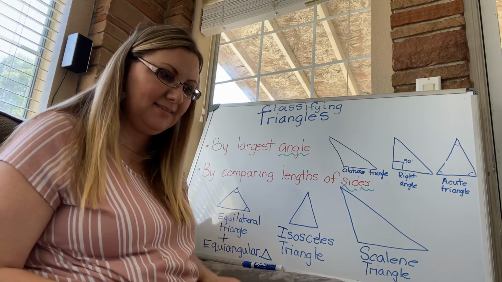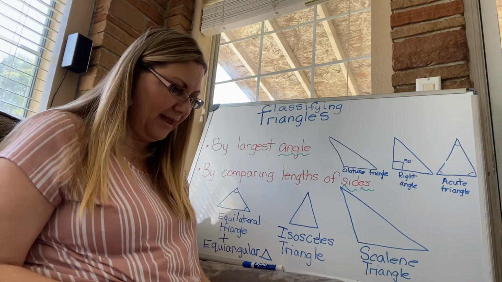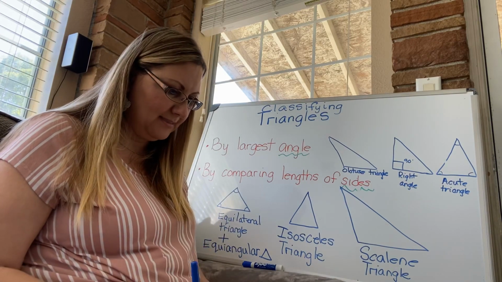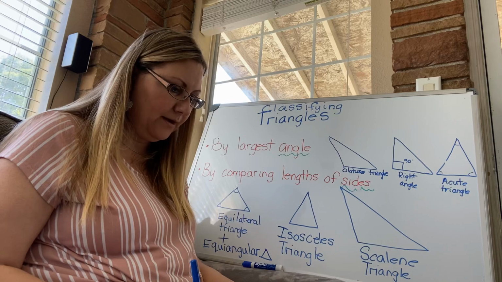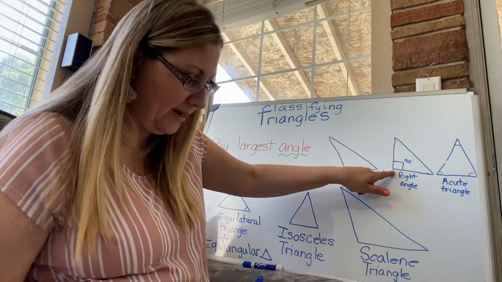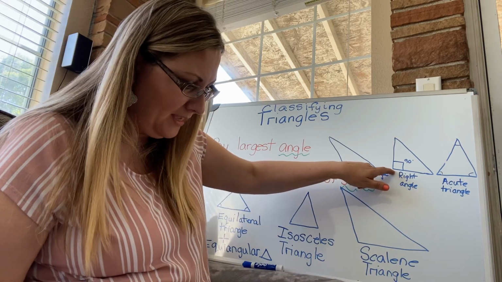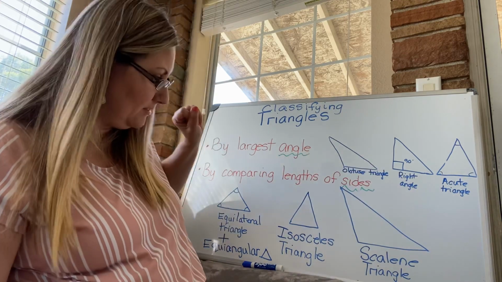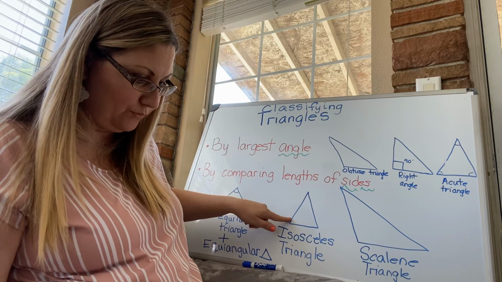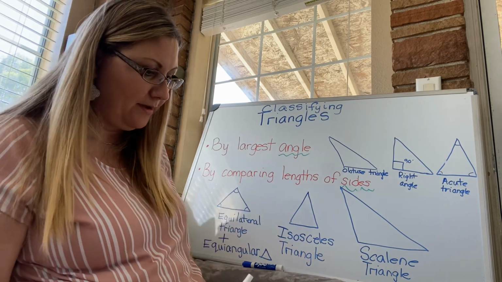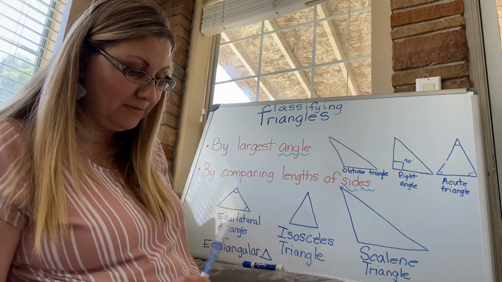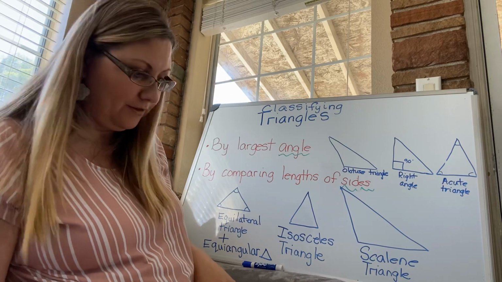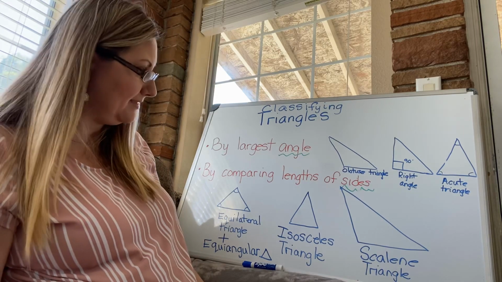So in this case, we have to have one right angle, right? And then since an isosceles triangle has two sides that are equal length, we would be wise to begin by drawing a right angle with equal length sides.